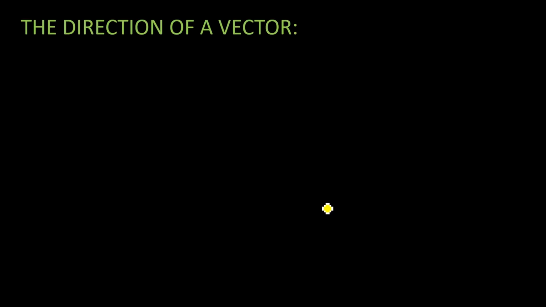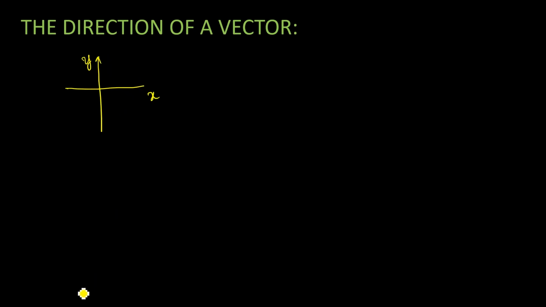You can see how we have to mention the direction of a vector. Direction is the spatial orientation of a vector. Suppose I am taking this x-axis and y-axis.